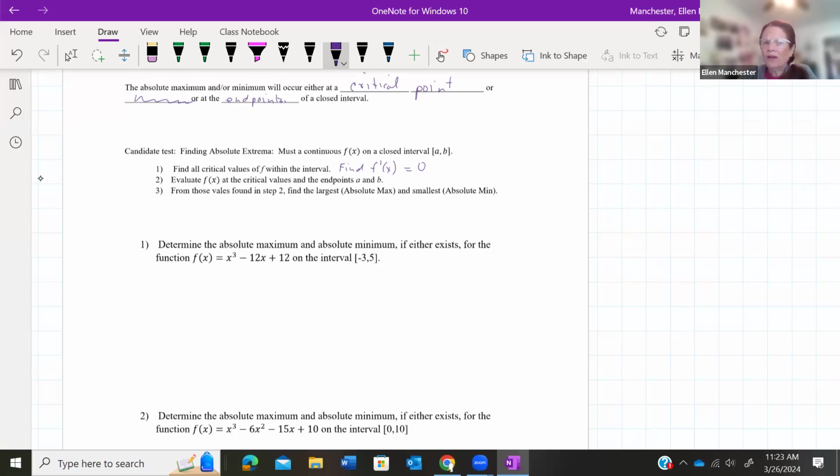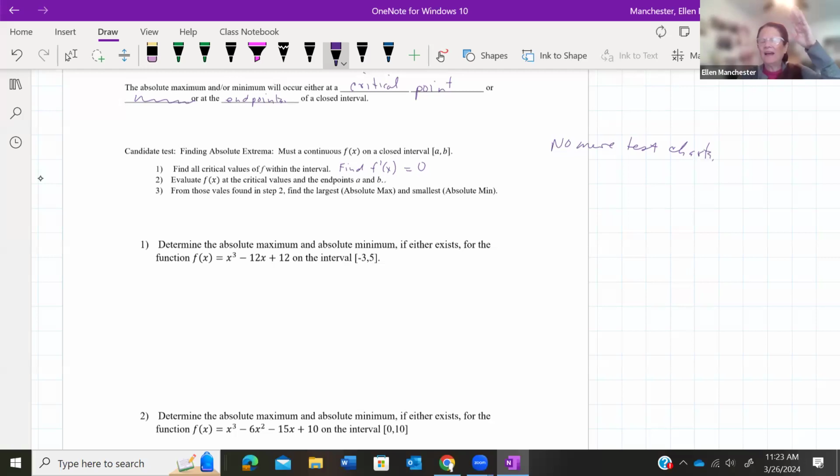So no more test charts. The test charts are great for learning what my shape looks like, and where the maximum and the minimum are. It's a great visual for it. Now we don't have to do the visual anymore. We can go right from finding the derivative and setting it to 0 and then evaluating.